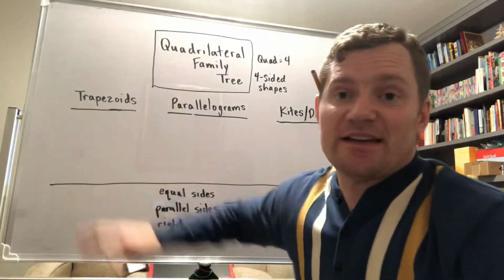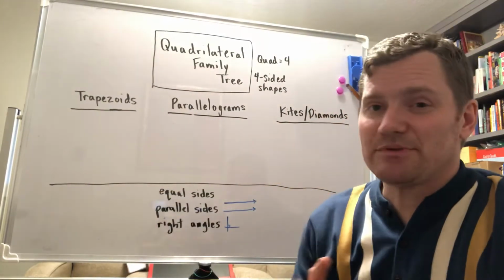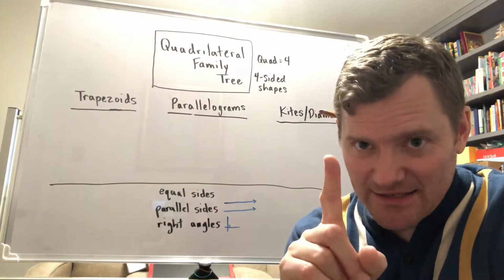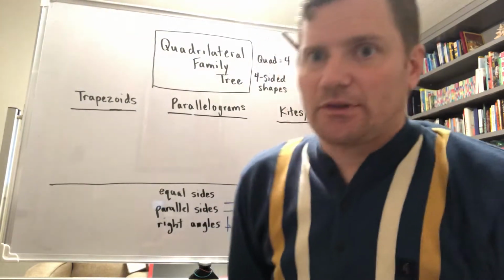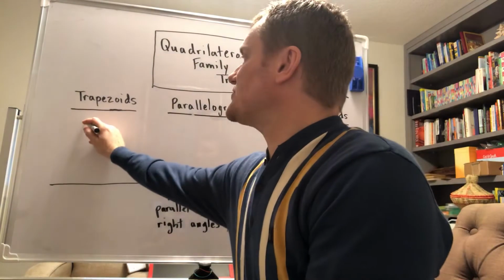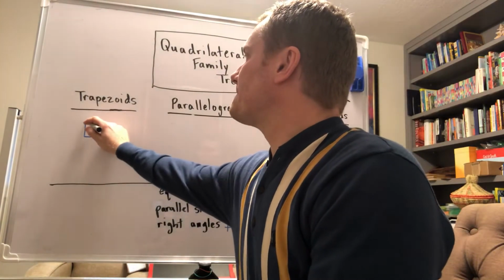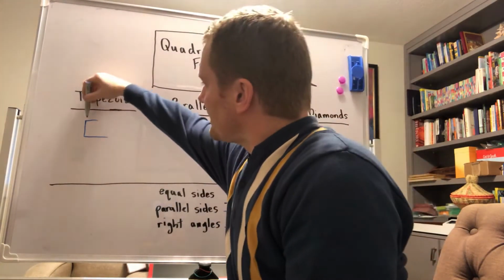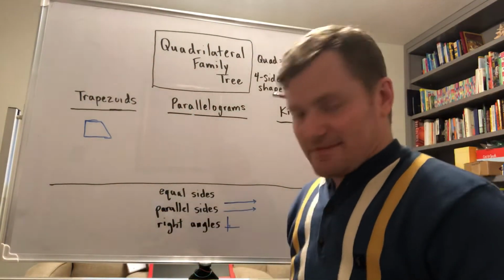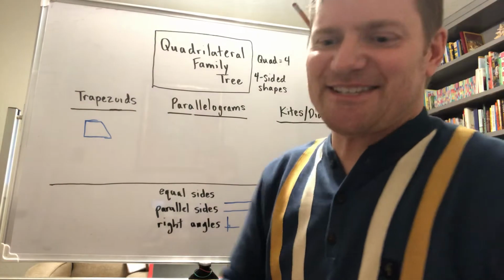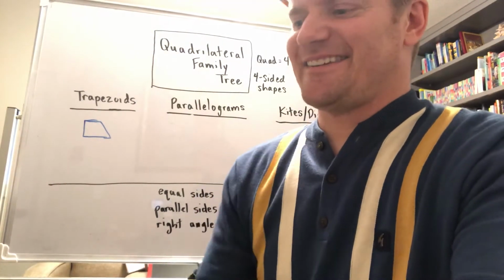The first one are trapezoids. Now, a trapezoid has one set, and when I say set, I mean a pair of lines that are parallel. And so trapezoids can look like that, sort of. Let me show you some better trapezoids that are a little more precise.